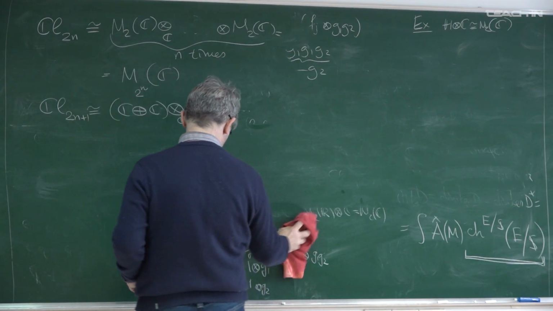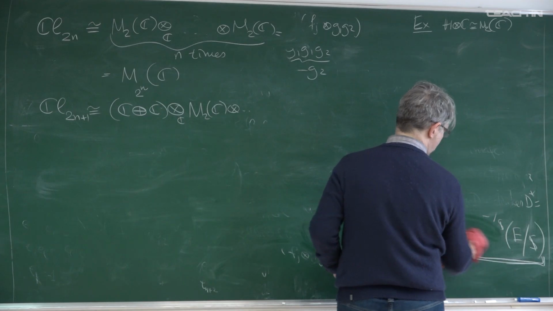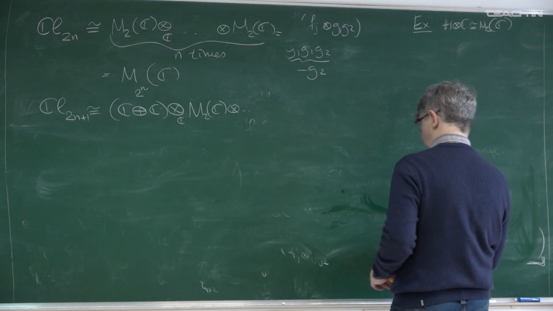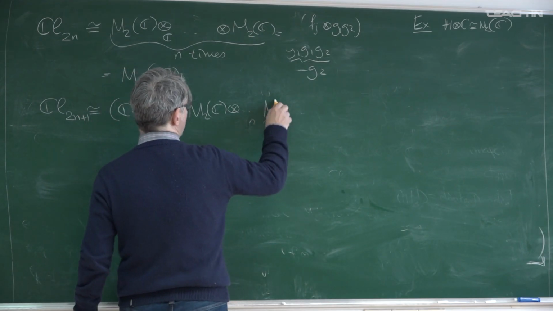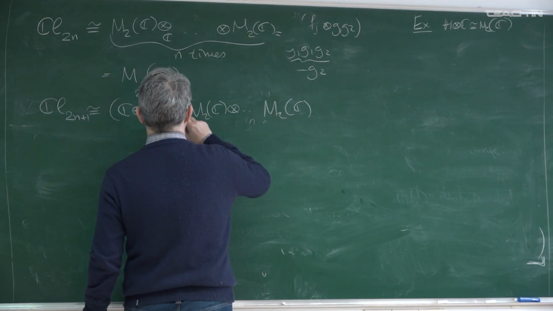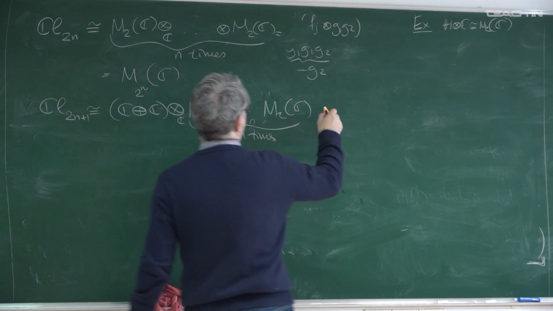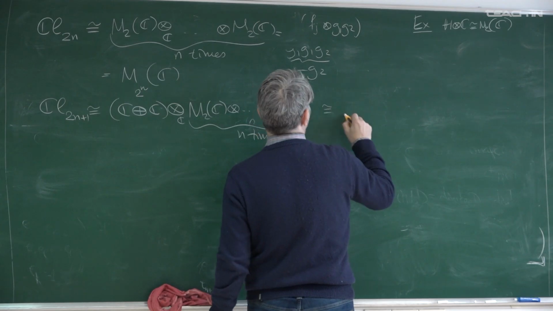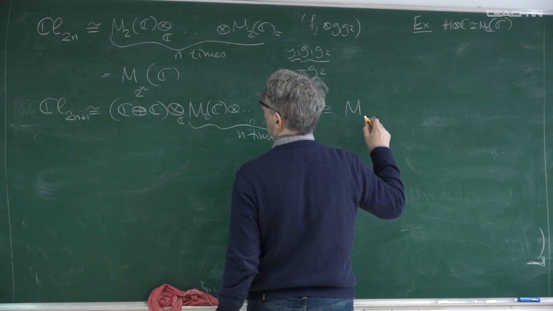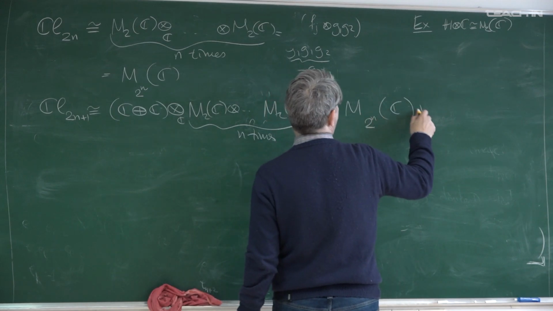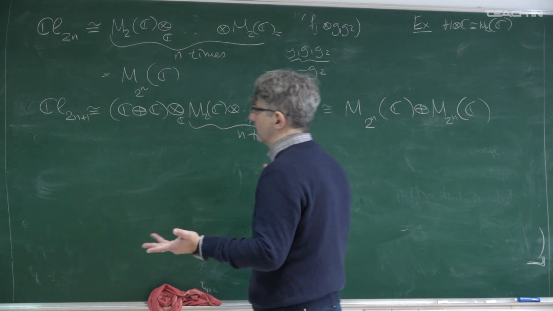You can tell me how many times I should write the algebra of matrices. N times. And then you obtain that this is isomorphic to two copies of a matrix algebra. Quite simple.